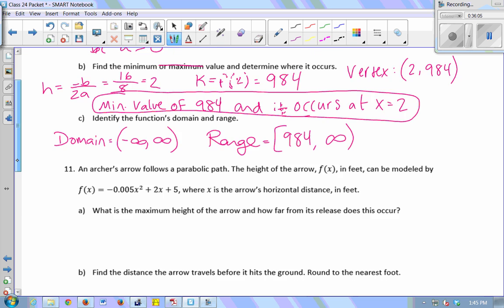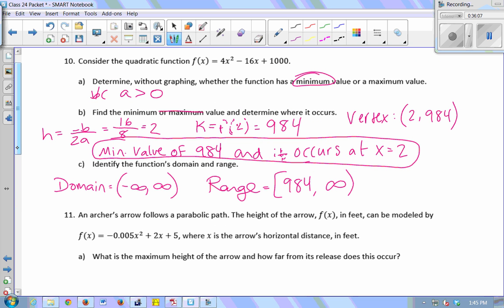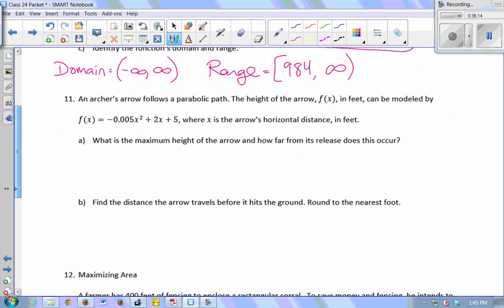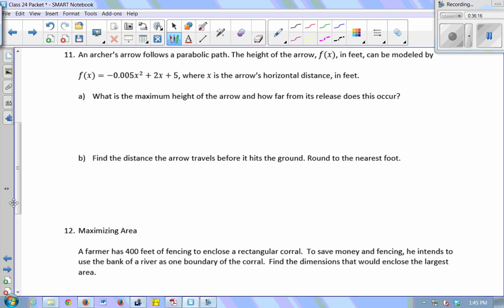All right, so same kind of problem we're going to do next, except this one isn't vanilla. It has some context. So an archer's arrow follows a parabolic path. That means it looks like a parabola, quadratic. So when you shoot an arrow, it goes up and arches and then comes back down.